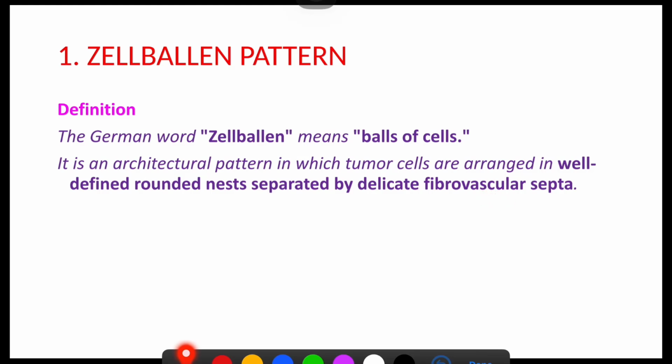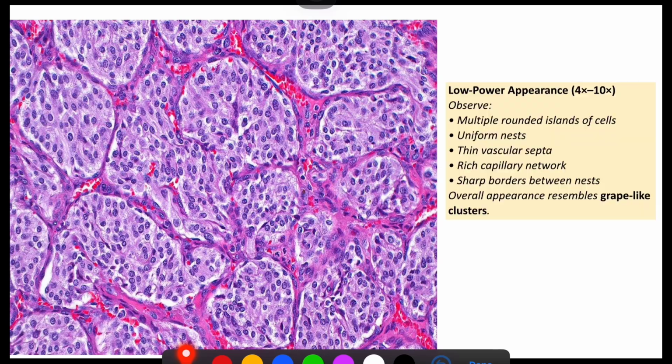identification point, and along with this, these nests are surrounded by a specialized supporting cell called sustentacular cells. In low power view, you will identify multiple rounded islands of cells.